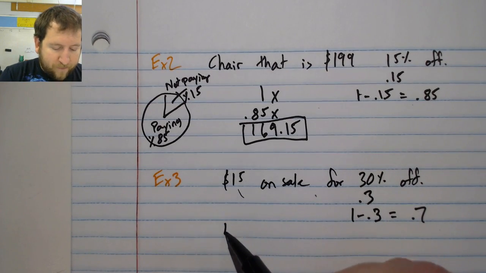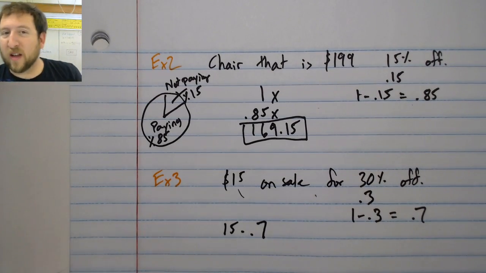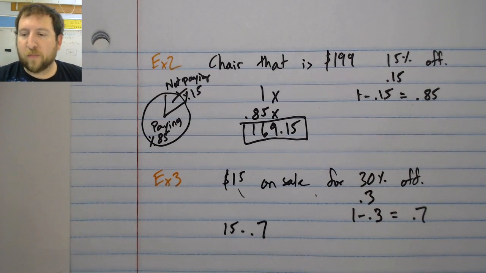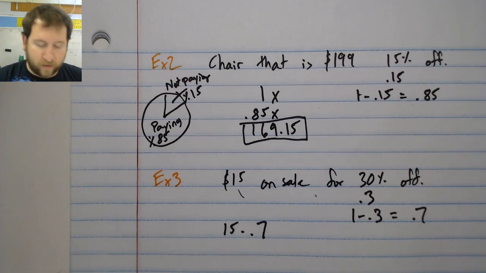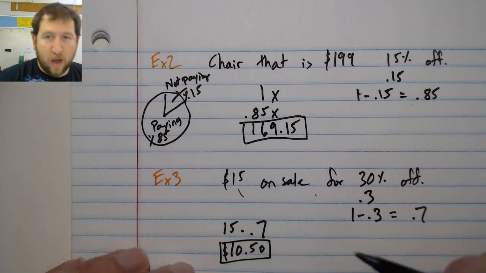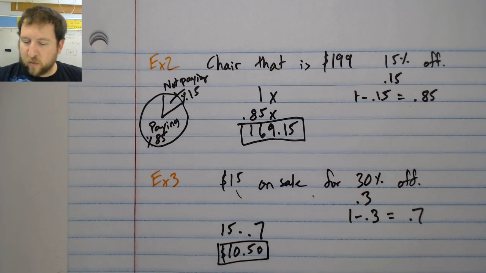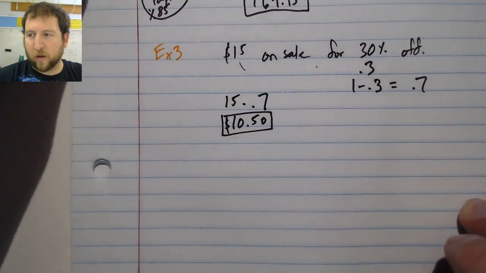So I can write 15 times 0.7, which is also 70%. I can put this into my calculator. 15 times 0.7 is going to give me $10.50. If you feel like you get it and you understand my method, go ahead and go on. I'm going to do two more examples just because this can be a little bit weird.